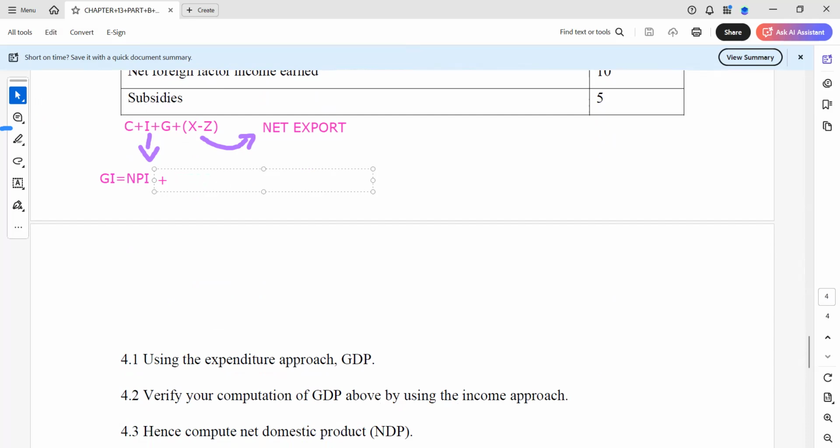No, no, I'm saying capital letter C. Okay, it's plus the consumption of fixed capital, which is sometimes called depreciation. Right.